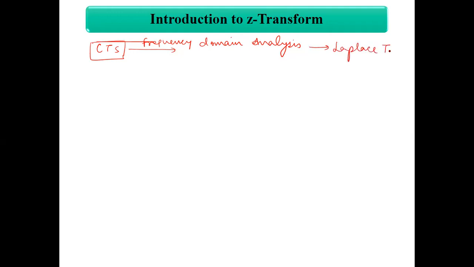Okay. So in continuous time systems, when we have to do the frequency domain analysis of a continuous time system, for that we have one tool which we call as Laplace transform, right? So a Laplace transform is basically used to do the frequency analysis of any continuous time system.